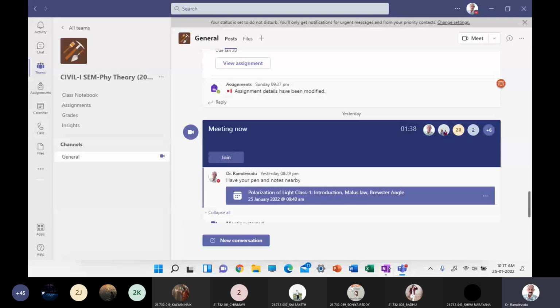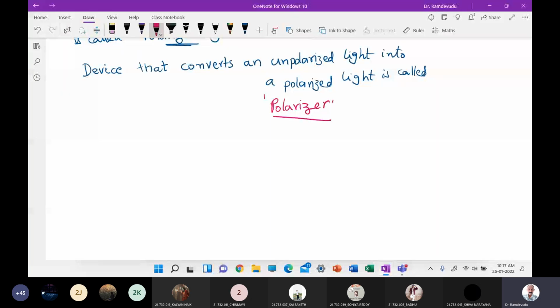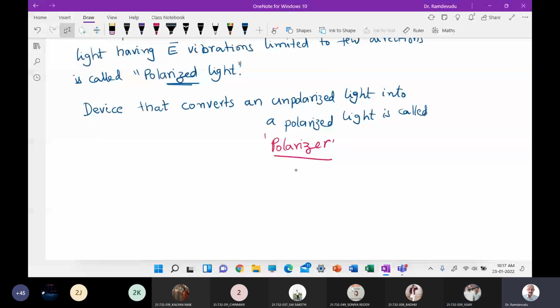A polarizer is a device which converts unpolarized light into polarized light. Good, very good.